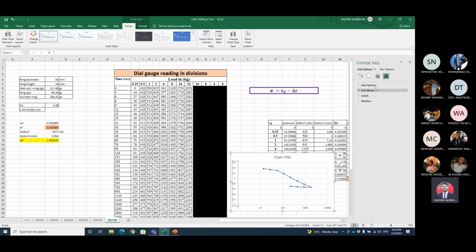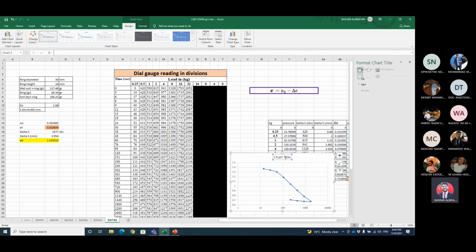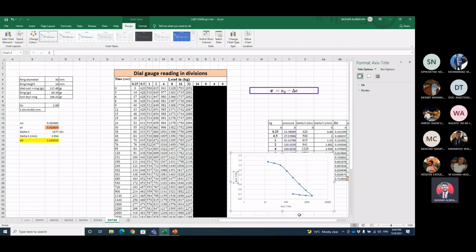Okay, I will change the setup of the curve. Maybe I will make it start from 0.4 and end at 1.5, or maybe it starts at 0.6. Yes, so this will be our curve. Any question so far?